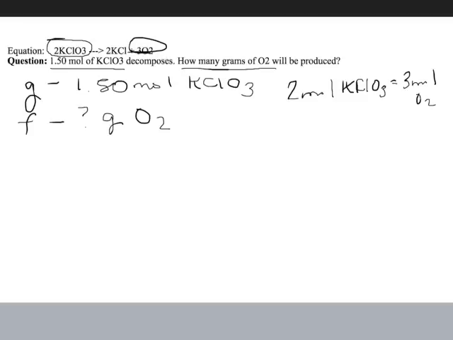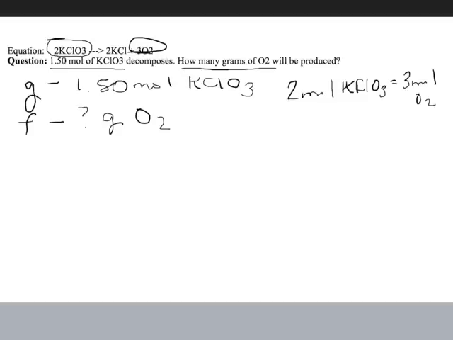Now, we see that our given is already in moles, and anytime you're in the language of moles already, this is the language of how chemistry functions. If you're already in moles, you don't need molar mass. So anytime you're starting in moles, you're ready to jump right into the balanced chemical equation and pull that mole ratio. But look at what we are trying to find.